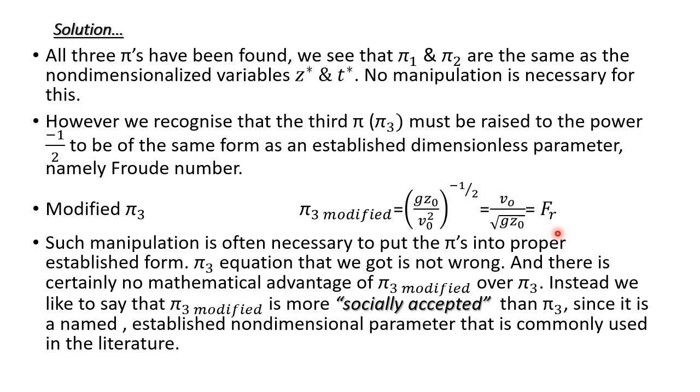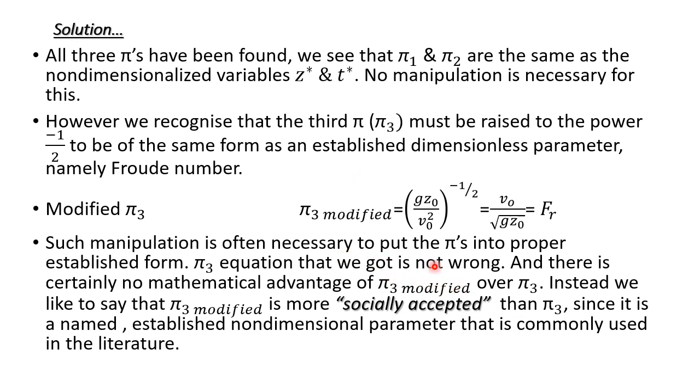There are rules for this that we will take up in the coming slides, on how to manipulate the pi terms. Such manipulation is often necessary to put the pi's into proper established form. The pi 3 equation that we got is not wrong, and there is certainly no mathematical advantage of pi 3 modified.